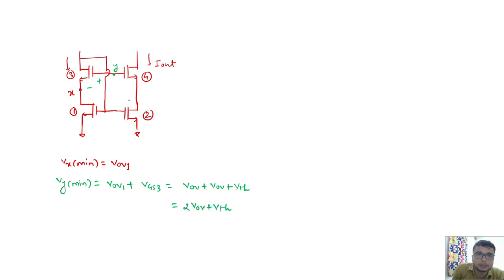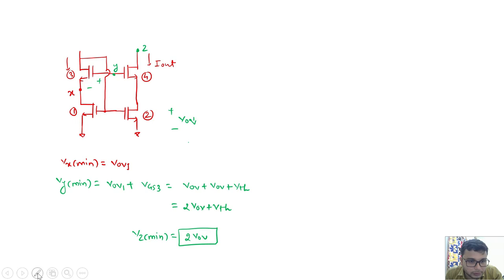From here I can see the value of this node Z. Vz min equal to Vy minus 1 VT, so that is 2 overdrive only. This is my requirement: 2 overdrive, because we know that 1 overdrive is going here and 1 overdrive is going to the upper device M4. 1 overdrive is going here and 1 overdrive is going here.